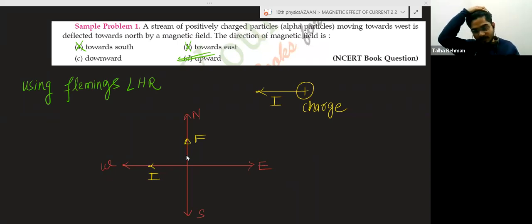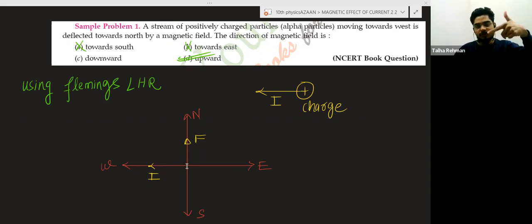First of all, we know force, current, and the magnetic field are mutually perpendicular. So obviously the direction will be either upward or downward. For finding the upward and downward, we will use the right hand rule. Like this.